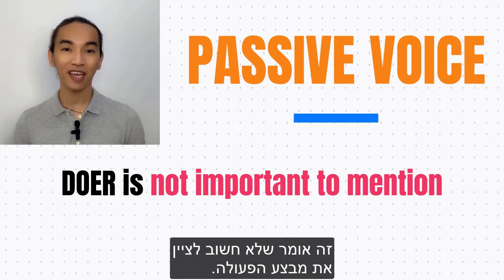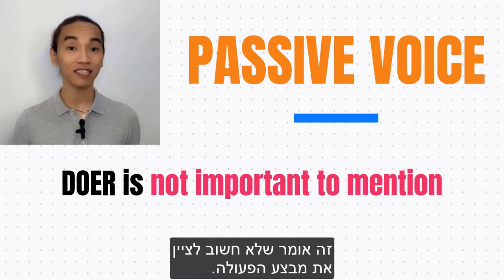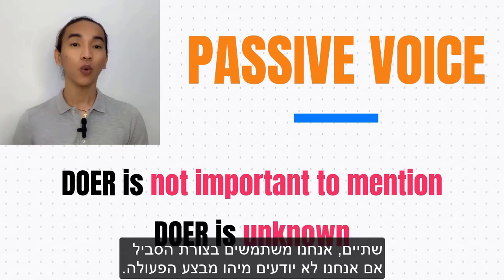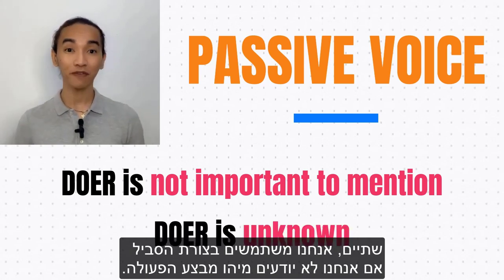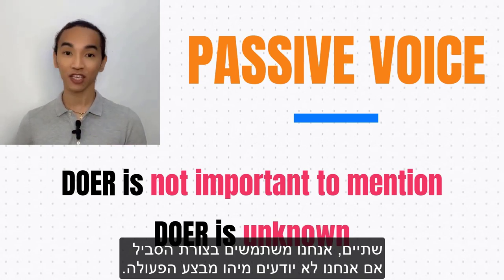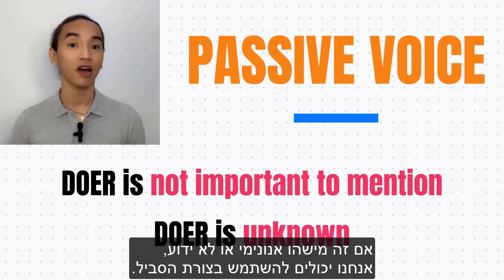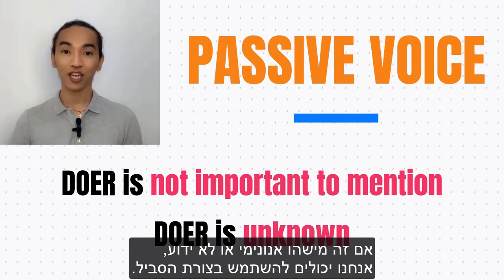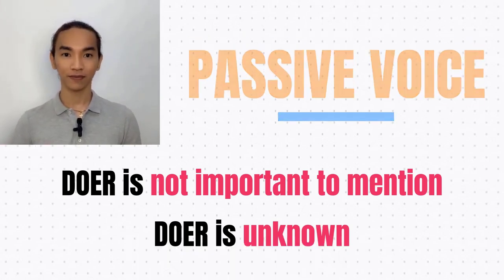So it means the doer of the action is not important to mention. Second one, we use the passive voice if we do not know who the doer of the action is. So if it's anonymous or if it's someone unknown, then we can use the passive voice.